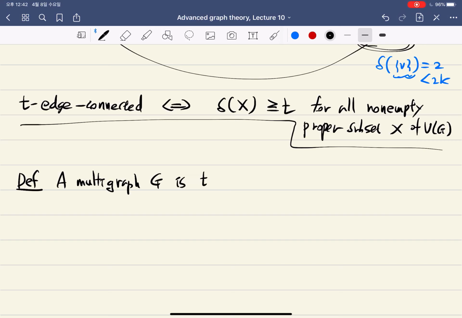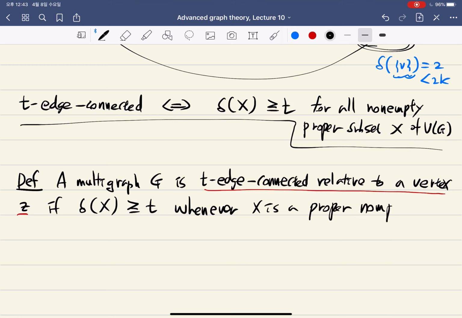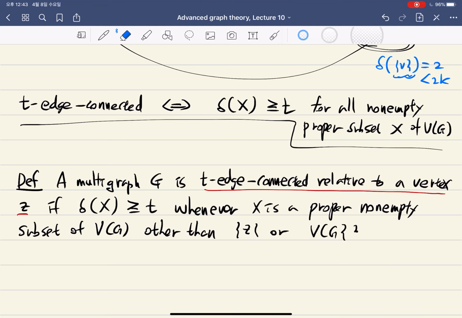A multigraph G is T-edge connected relative to a vertex V, so T-edge connected relative to a certain vertex, if the number of edges leaving a set X is at least T, whenever X is a proper non-empty subset of V(G) other than this one vertex or the complement of this one vertex.